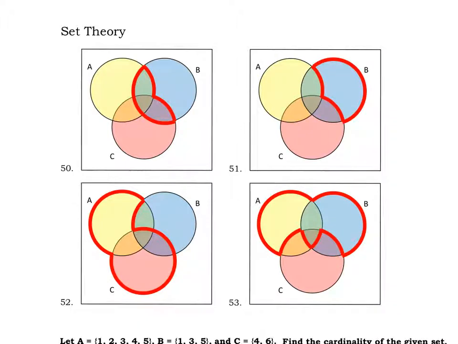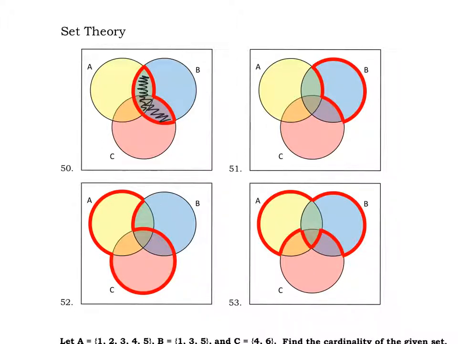So number 50 is a great example of something where I could have more than one answer. Some of you might look at this and say that looks like A intersect B, and that looks like B intersect C, and I have the union of both of those, and that would certainly work.